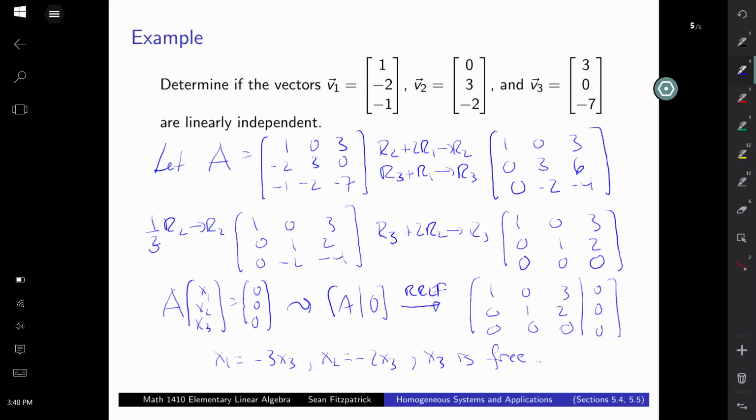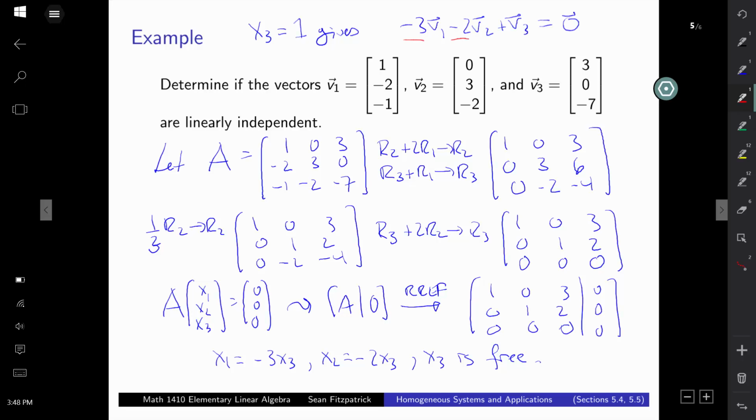Since x3 is free to be whatever it wants, it doesn't have to be 0. If I put x3 equal to, let's say, 1, that's going to give me x1 is -3, x2 equals -2. That suggests that -3 v1 - 2 v2 plus v3 equals 0.